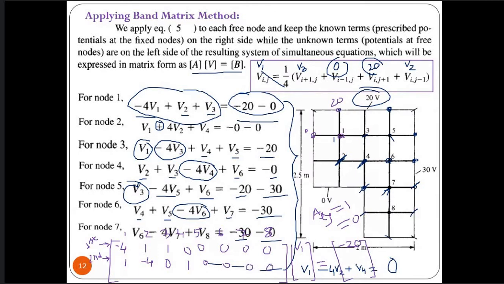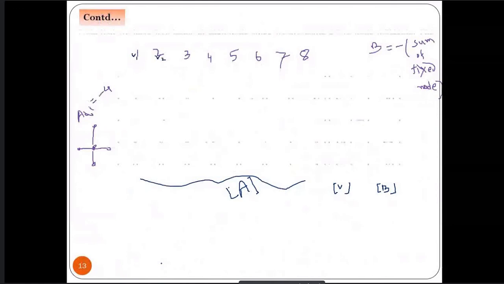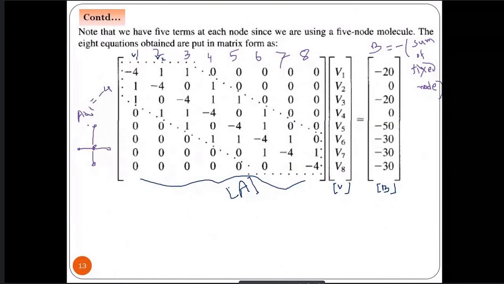What about the right hand side? Both the fixed node potentials are 0, so it will be 0. For the second row, it is 1, minus 4, 0, 1. Other parameters are 0 0 0 and V2 is 0.